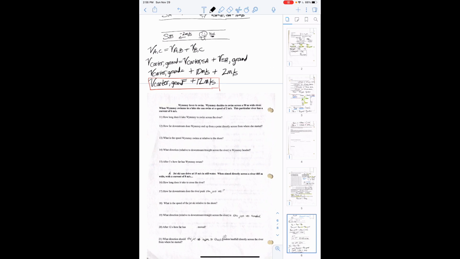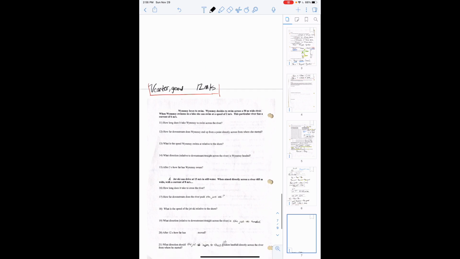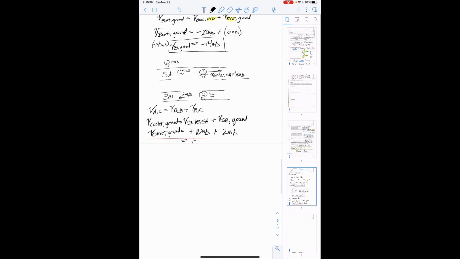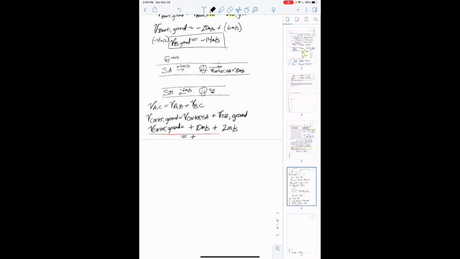So let me get another page here. Oh, I just lost something in there. V Carter relative to the ground. Yeah, I'll just rewrite that really quick. Okay.